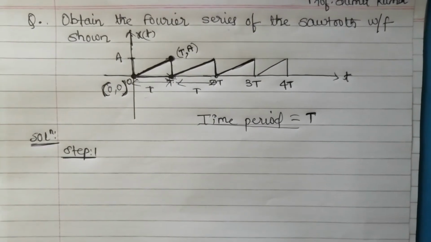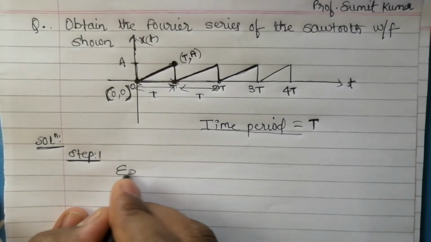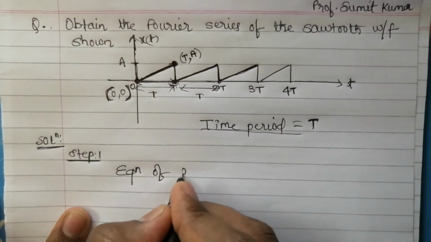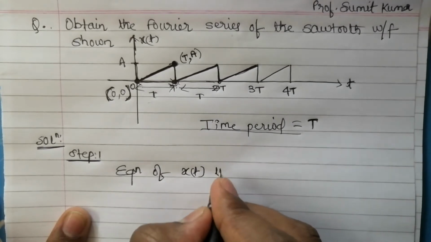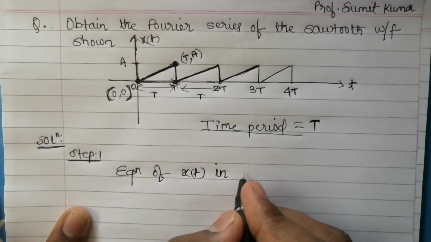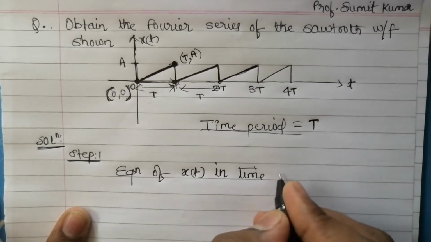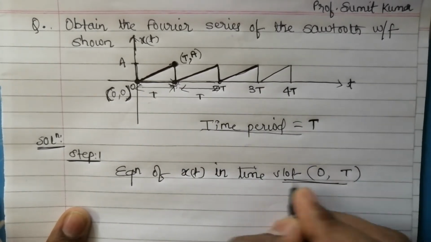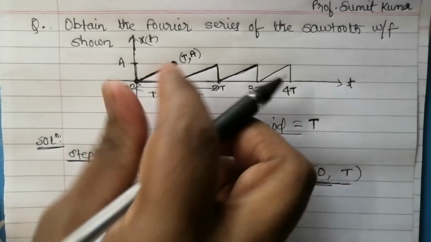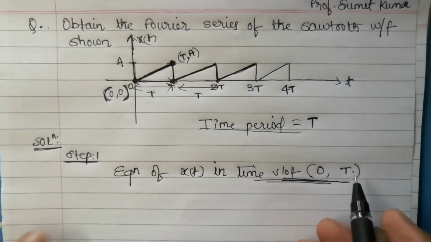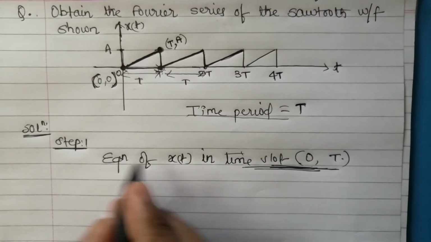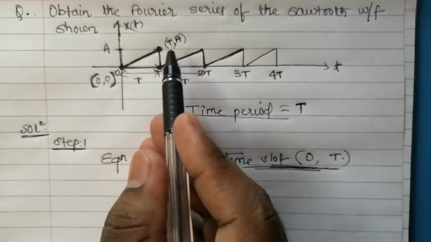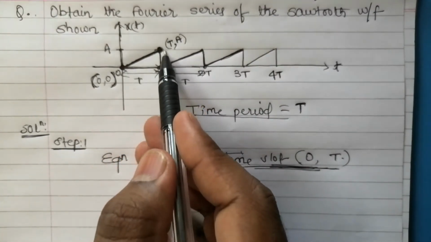Now we can easily write the equation of x of t in the time slot 0 to t. For one time period we are writing, so this is for one time period 0 to t. This x of t in this particular slot is like a straight line, and we know the coordinates of its 2 points.